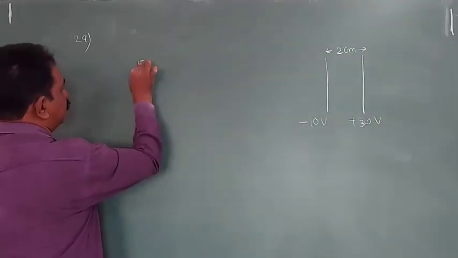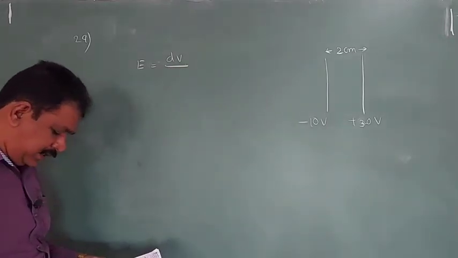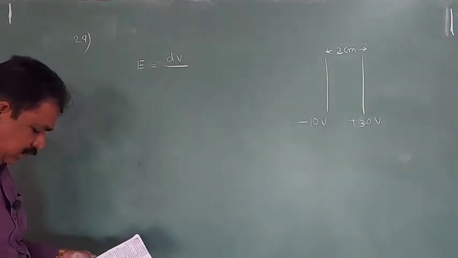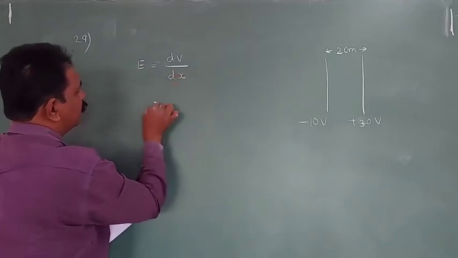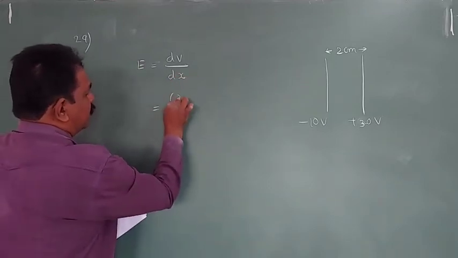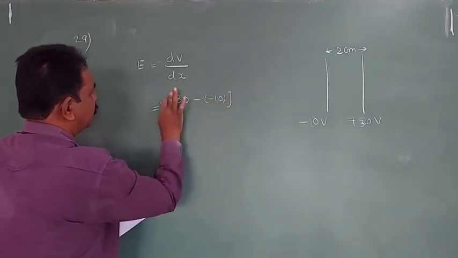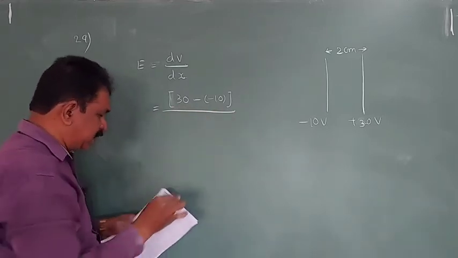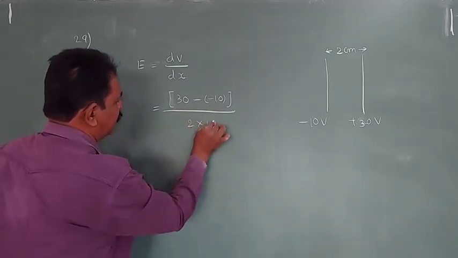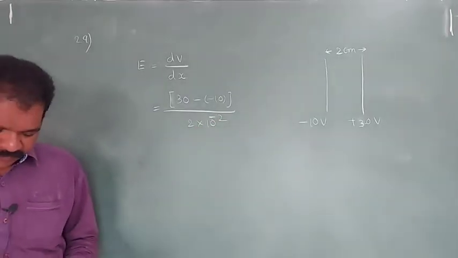E is equal to dV by dx. So 30 minus of minus 10 by dx, distance between them is 2 centimeter, means 2 into 10 power minus 2 meter.